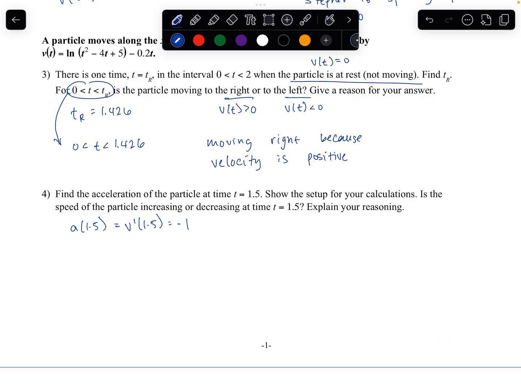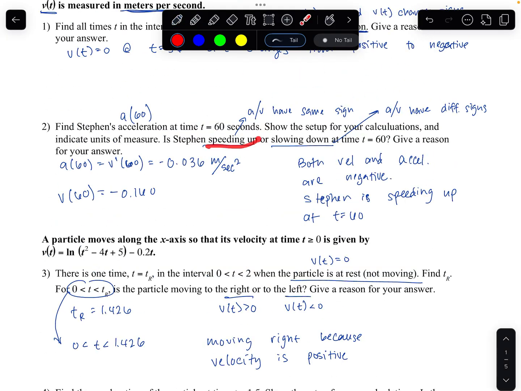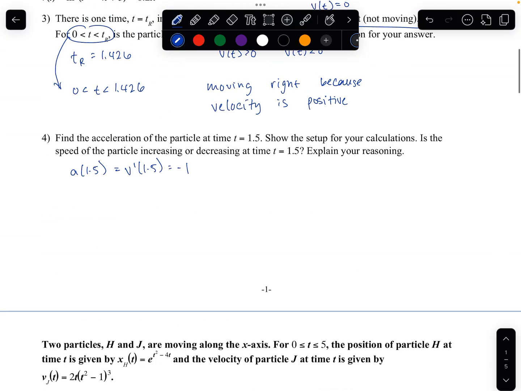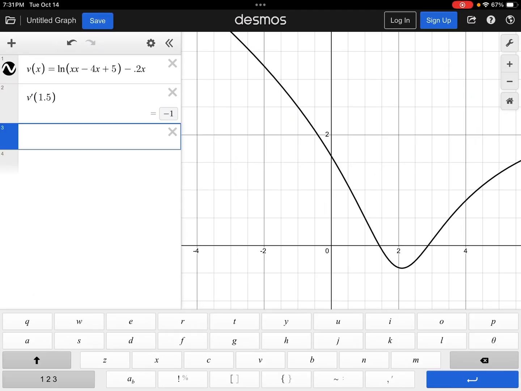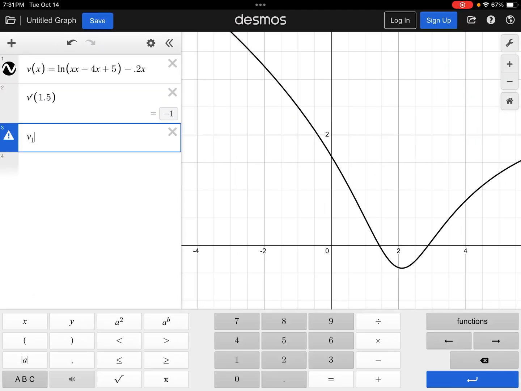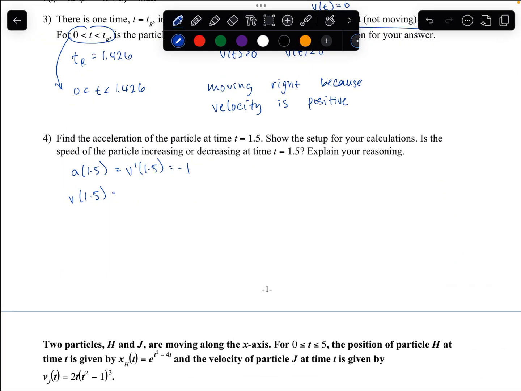Is the speed of the particle increasing or decreasing at that time? Speed increasing or decreasing is the same thing as speeding up or slowing down. And so we also need to indicate what the velocity is. So velocity at 1.5, if we go back here, we're going to say v of 1.5. And we get -0.077.